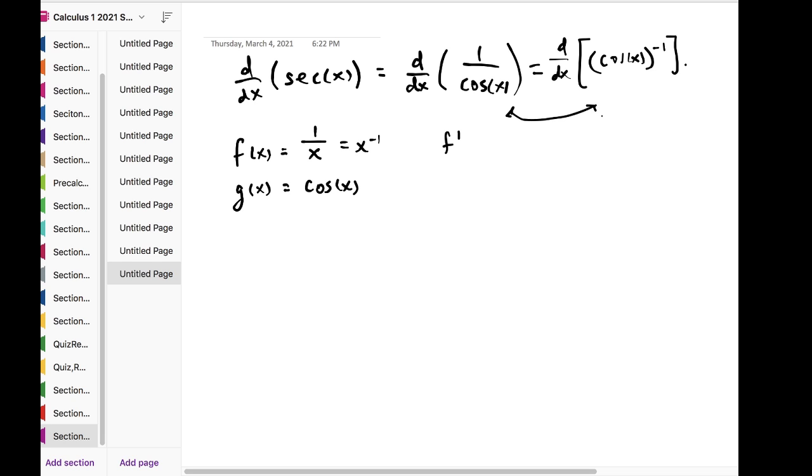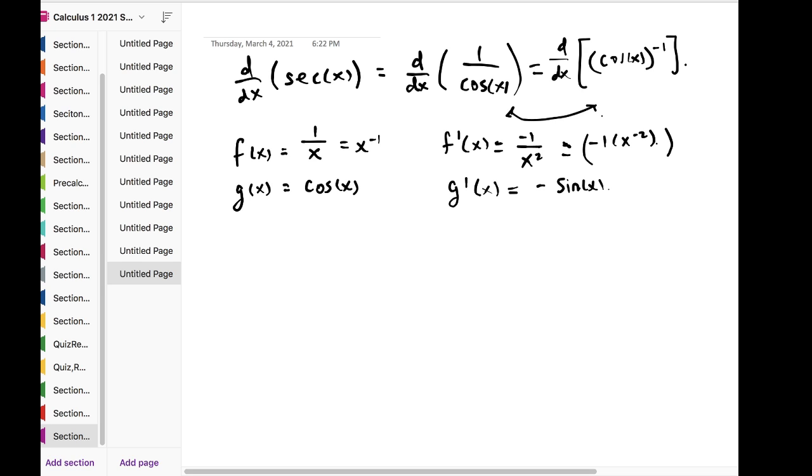What's f prime? What's the derivative of 1 over x, the derivative of x to the -1? Good, -1 over x squared, because it's -1 times x to the -2. And then what's g prime? What's the derivative of cosine? Yes, negative sine.